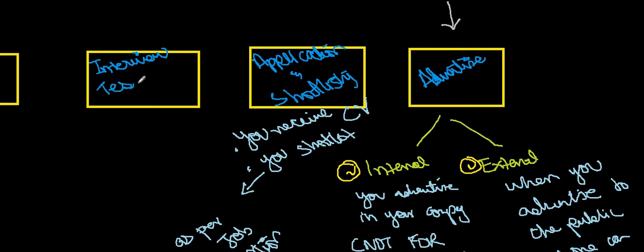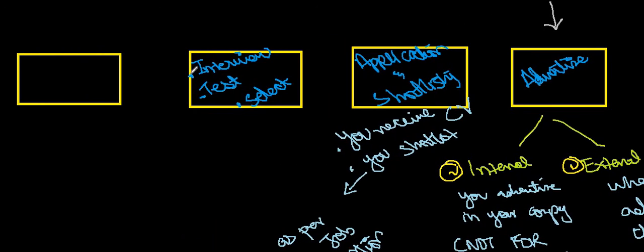Sometimes you also take a test, a brief test. Now for a cleaning position, you might not need to take a test, but normally for other positions like software engineers or a teacher, you would need a test. You interview them, you test them, and then you select. Once the candidate is selected, you go to the next one, and that one is you fill the vacancy.